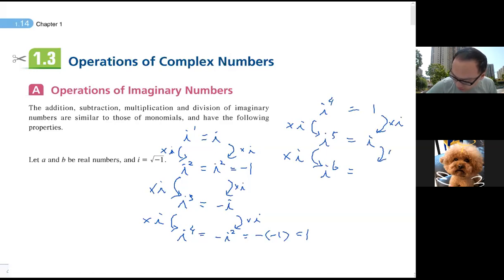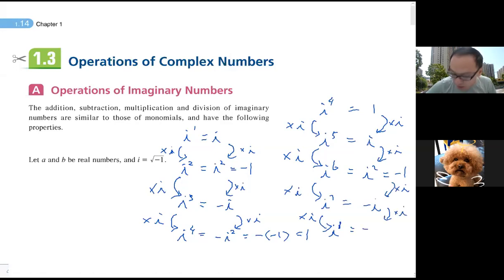And then the other i times i becomes i square again. But i square will be immediately changed to -1. And then i to the power 7 will be -1 times i, becomes -i. Finally, i to the power 8 becomes -i times i, becomes -i square. And again, I will change it to negative of -1. It becomes +1 again.